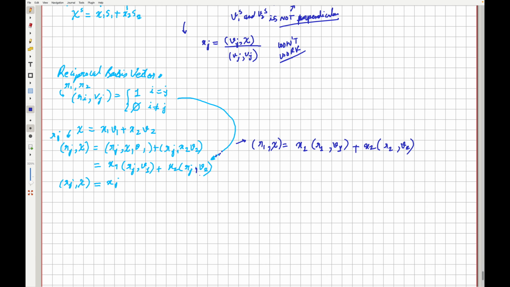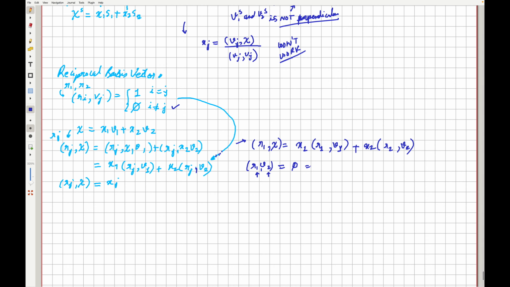And so by the definition above, r1 with v2, wherever the two numbers don't match, it has to be 0. So this is equal to 0.